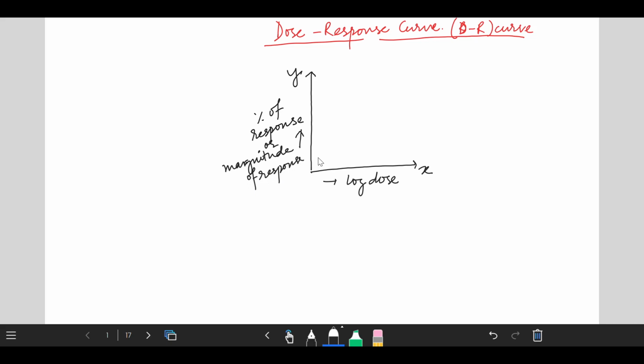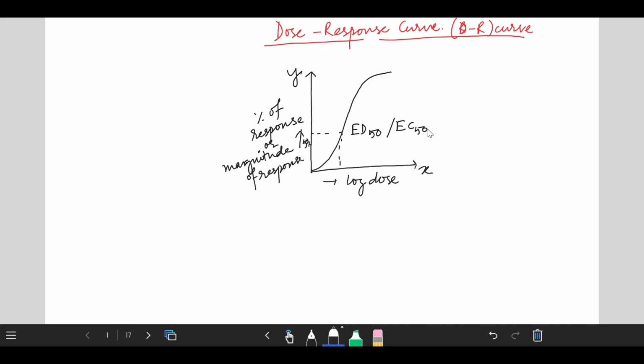If we apply a drug, then we can see a curve like this. Now, this point is when 50% of the drug or agonist binds the receptor, we will get this kind of graph, and this point is known as ED50 or EC50. ED50 means median effective dose or median effective concentration.